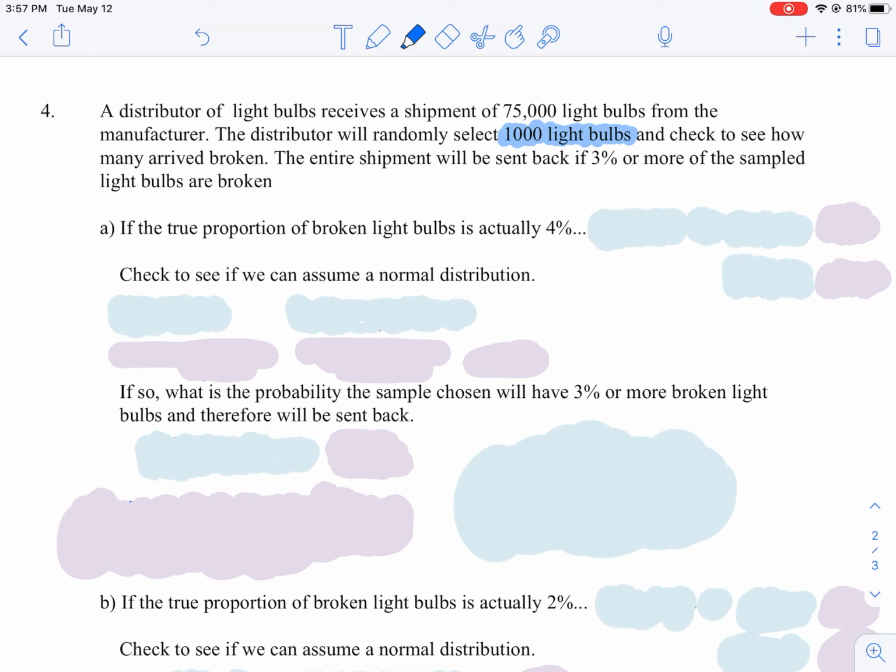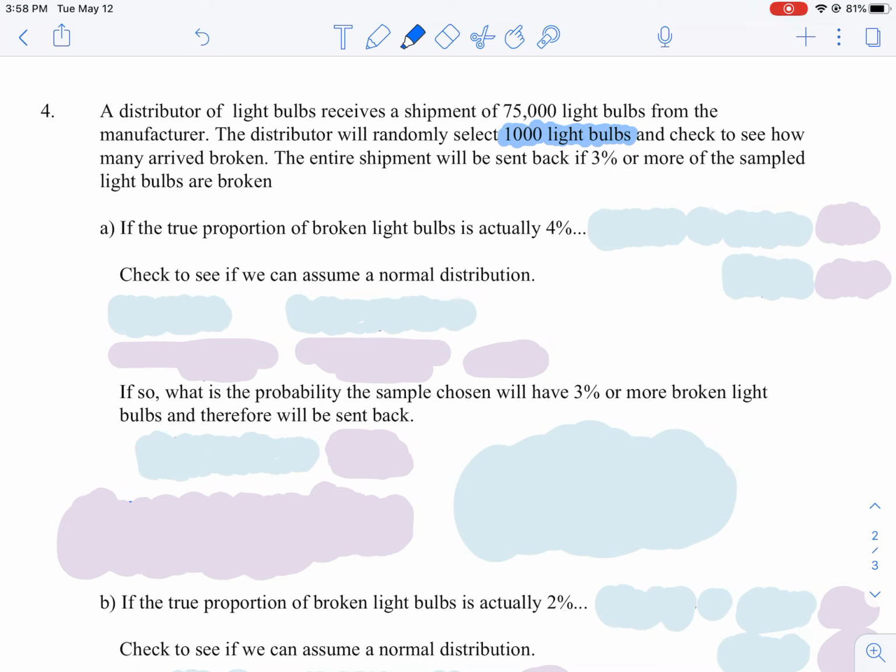So the distributor will send the entire shipment back if 3% or more of the light bulbs are broken. Okay, we're going to look at this from two different situations.